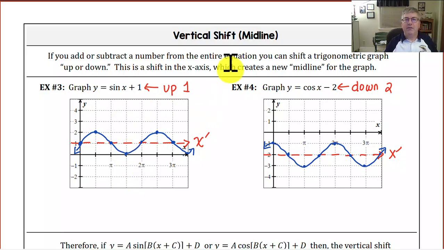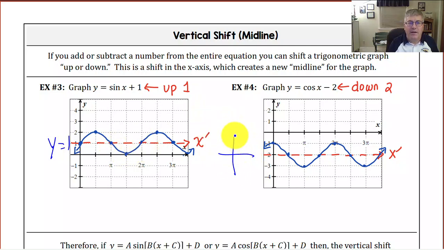And then finally, the vertical shift, or the midline, when that shifts, that becomes our new 0 line. So here we're taking our d value and taking y equals 0, and we're shifting it up to y equals 1. But that becomes our new 0 line.